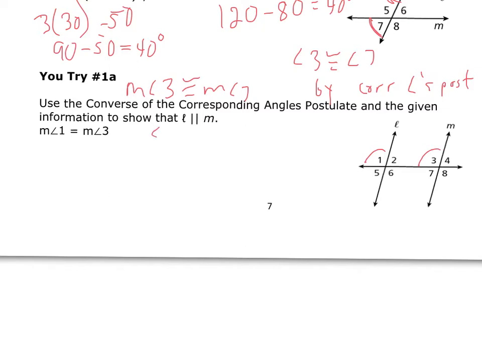So 1 and 3 are corresponding angles, and because they're corresponding angles, L is parallel to M because of the converse of corresponding angles postulate. Here, let me erase this, this is terrible. Don't overthink these. You just have to know that if they're corresponding, then the lines will indeed be parallel.